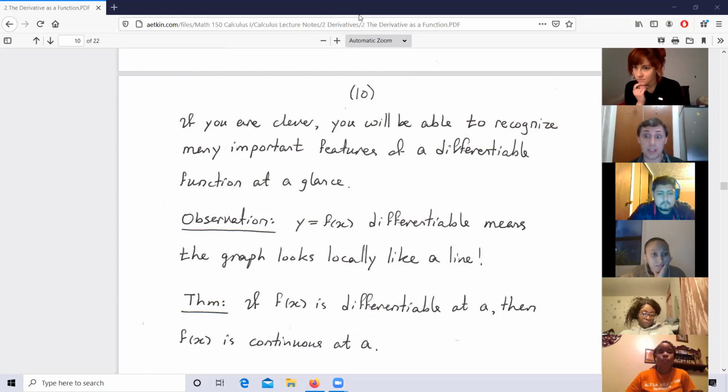Now, here is a question I would like to ask you, guys. Remember, we had this connection between differentiability and continuity. If a function is differentiable, then is the function continuous or not? Remind me, please. And as many as possible, guys, not 1 or 2 people. I have 25 people here.